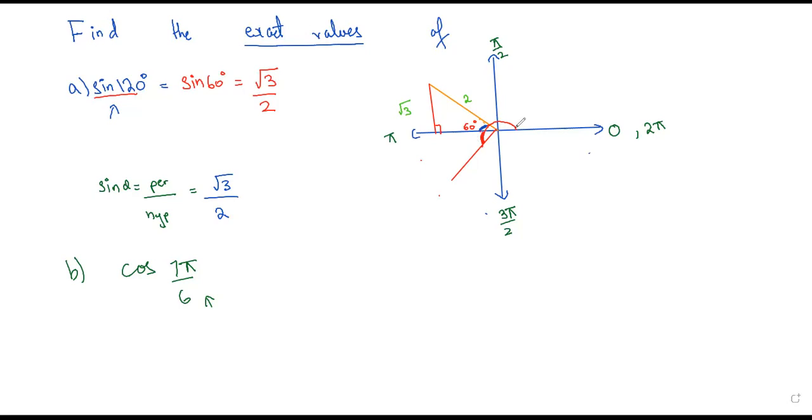Look, basically what we usually do is, when we have an angle in degrees, we subtract 180 from the whole angle. This time we have the angle in radians, so we have 7 by 6 pi. If we subtract pi, we will get this angle, and this is going to be pi by 6. So this angle is pi by 6 radians.